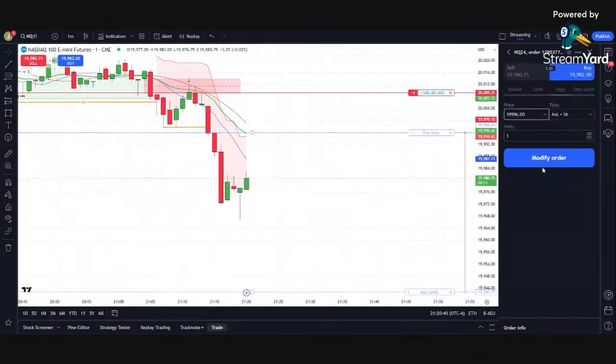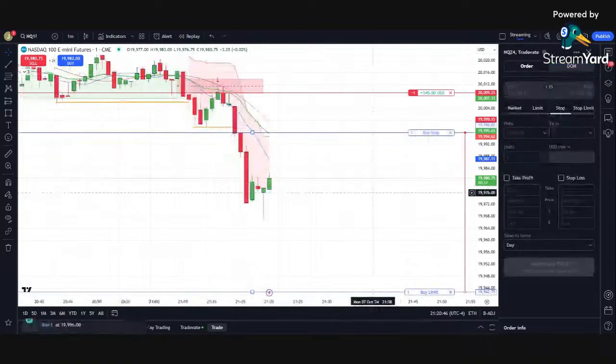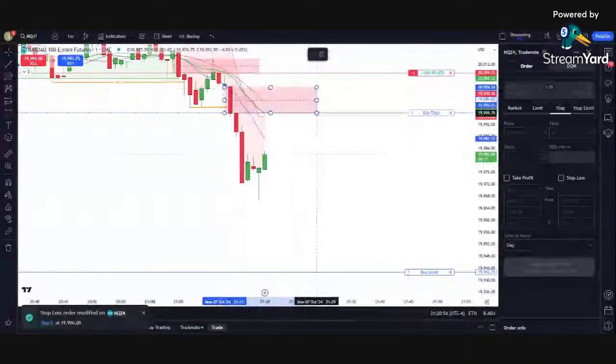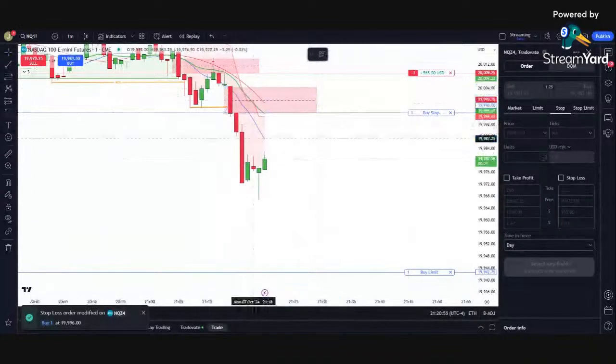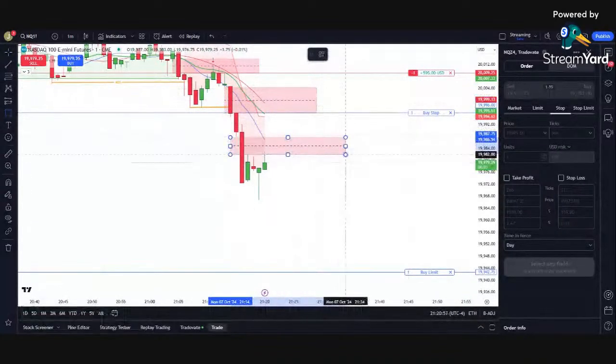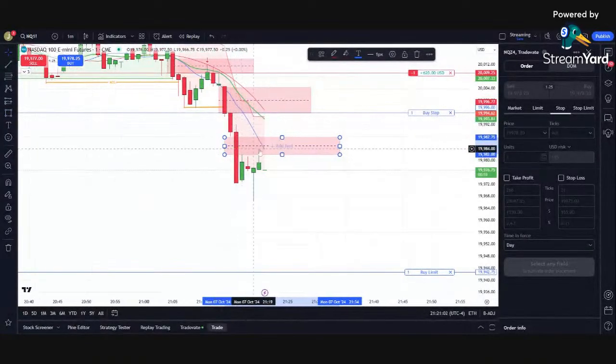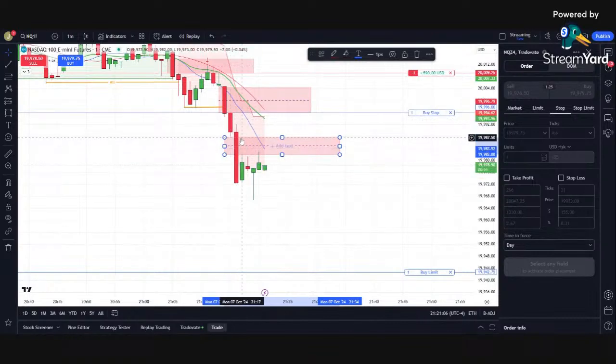Why did I put it here? Because we do have a series of fair value gaps. So I know this is not, you will not consider this a fair value gap. But this one I will consider a fair value gap. So I put my stop loss here because this is where this fair value gap formed, the first candle that formed this fair value gap.